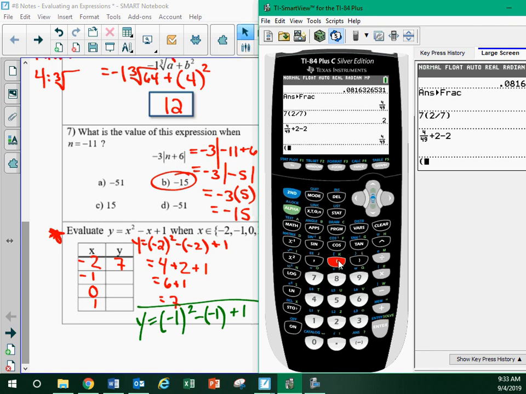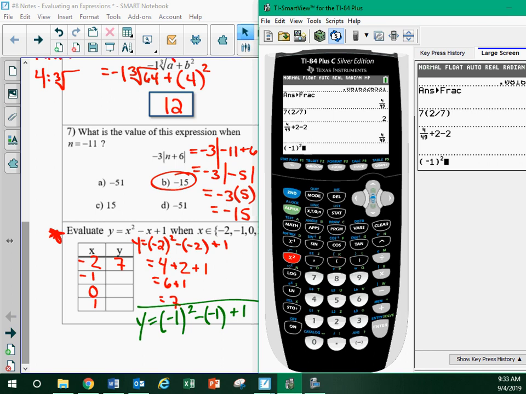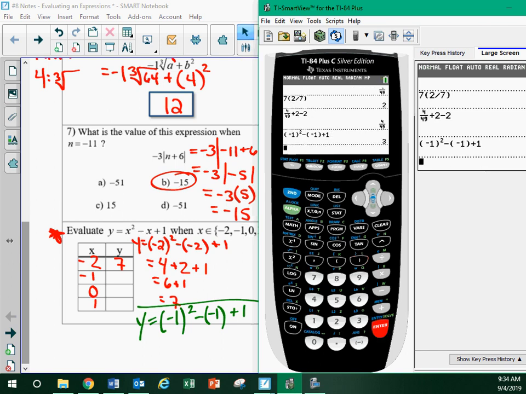So I have parentheses, -1, parentheses, squared, that's what I've got there, minus, parentheses, -1, and then plus 1. And so I'm just typing it like I see it here. Enter, and we get 3. So I have y equals 3.